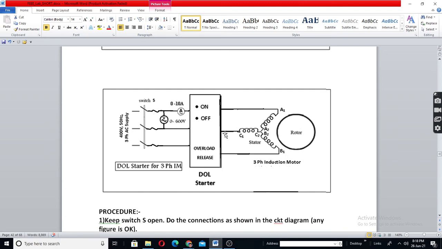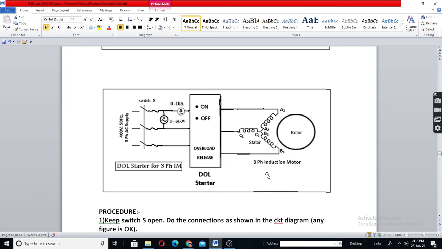Hence, the motor will not get supply now. The motor will decelerate, means speed will be reducing and gradually it will become zero. The rotor will become halted, stationary.